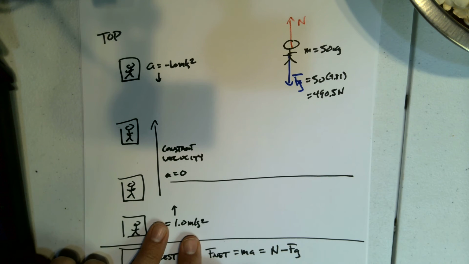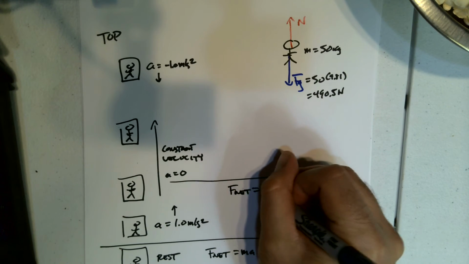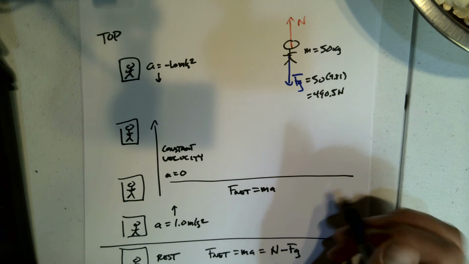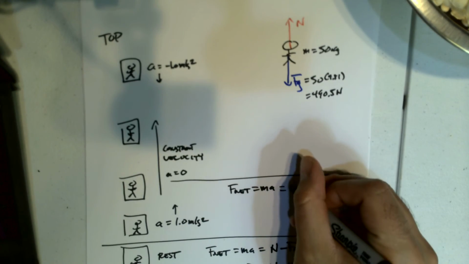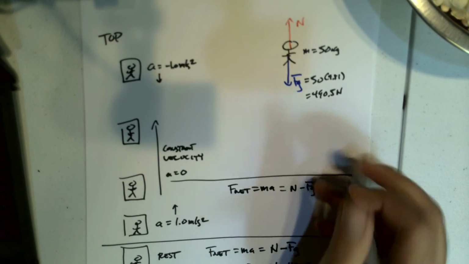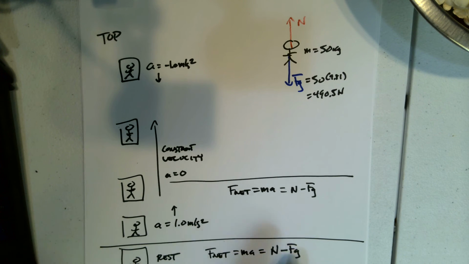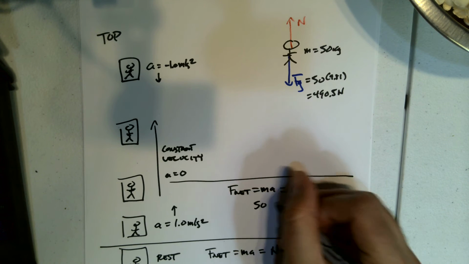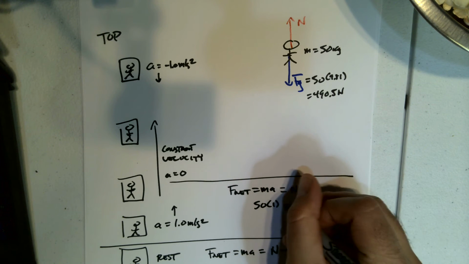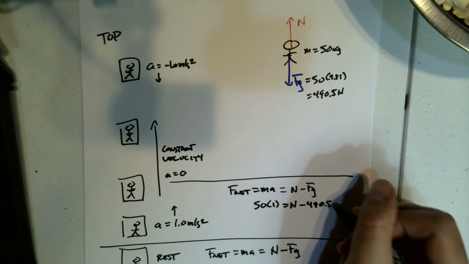Now we're starting to accelerate. So let's look at that. Let's apply the second law here. And again, we can represent our net force as the sum of these two forces here. So N is up and gravity's down. This looks identical to this, but now we have a completely different value of A. So when I put in my values here, mass is 50, A is 1, N is unknown, and gravity is still 490.5.